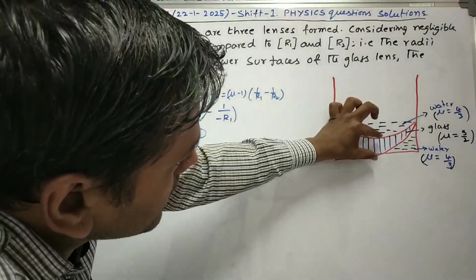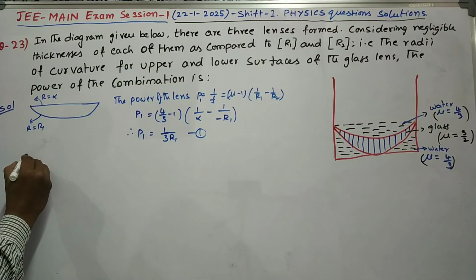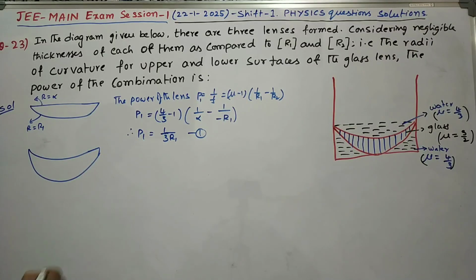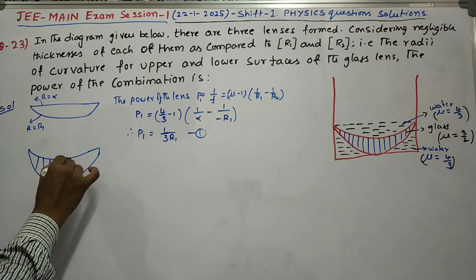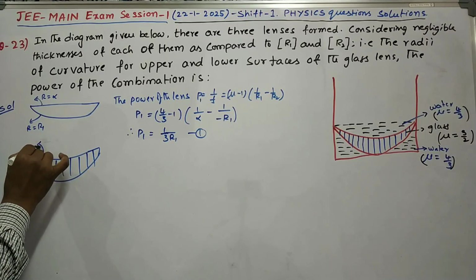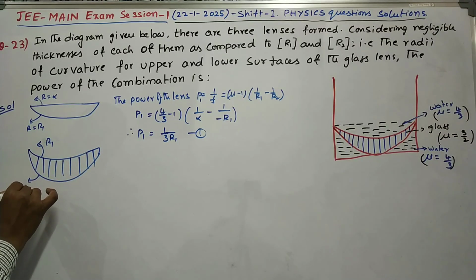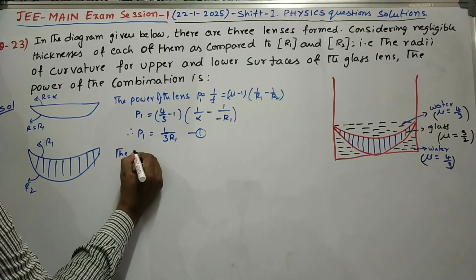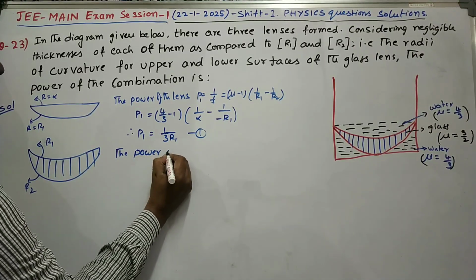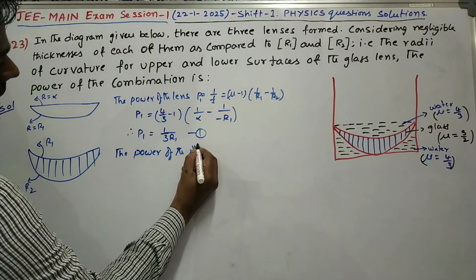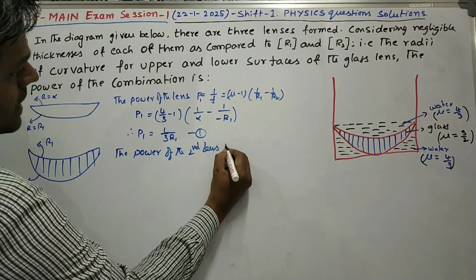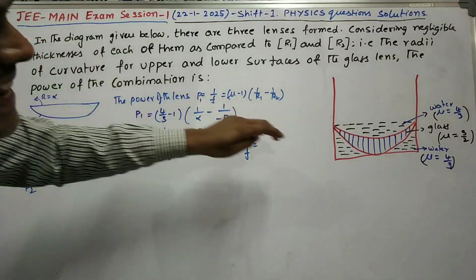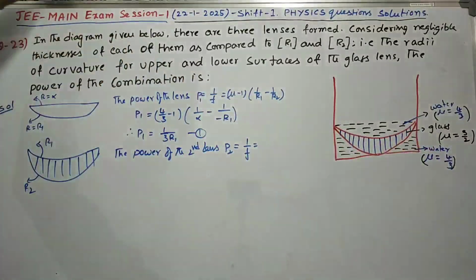Next, this is the second lens. This is equal to R1, and the radius of glass is equal to R2. So the power of the second lens, say P2, is equal to the same formula, 1 by F is equal to mu. What is the refractive index of this glass lens, the second lens? 3 by 2.